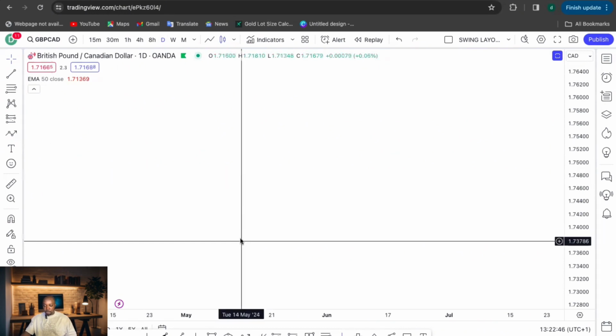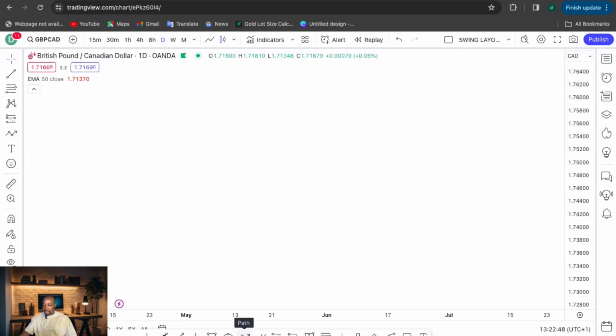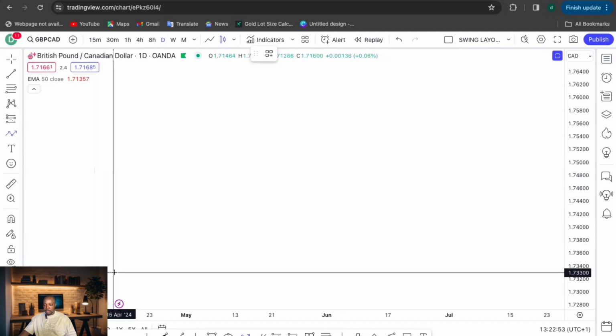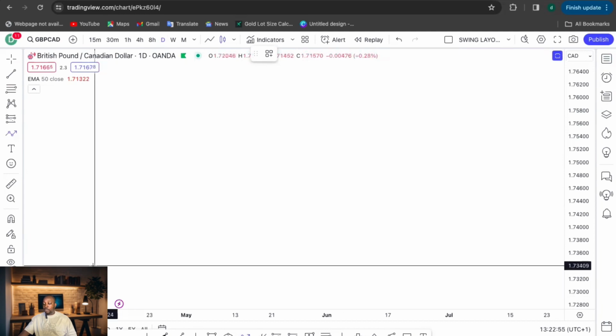So let me break down what structure is. I'll use these tools to draw them out on the screen, but later we'll go into real life charts and examples, and show you what it looks like on the live screen.